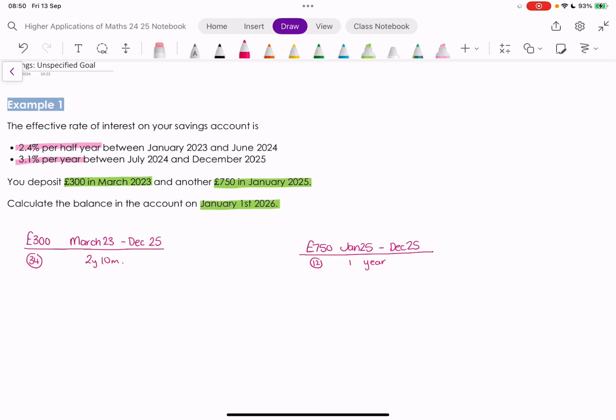All right, so let's think about our interest rates and what's happening there. From March of 23, which is when the money's going in the account, until June 24 is when it changes.